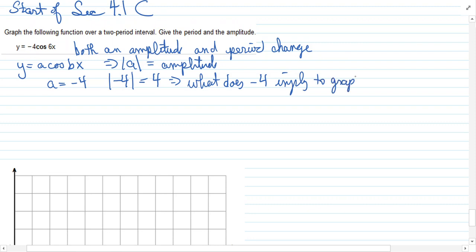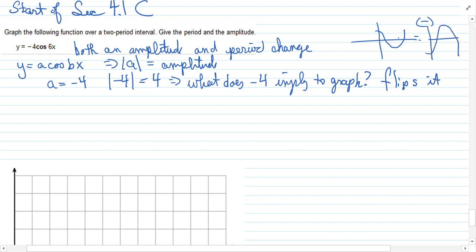Well, that's a good question because it flips it. If the normal graph was like this, then the negative would be like this. So we're going to flip it. Okay, that's one thing. So now we're going to talk about the period.